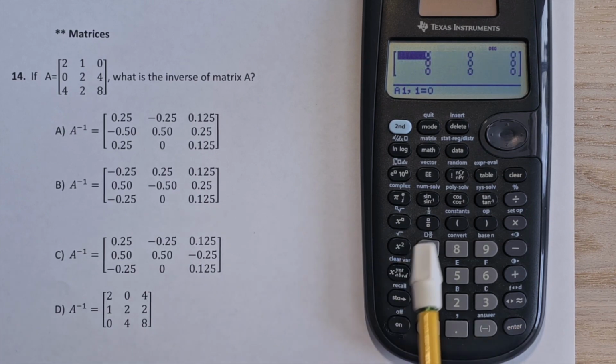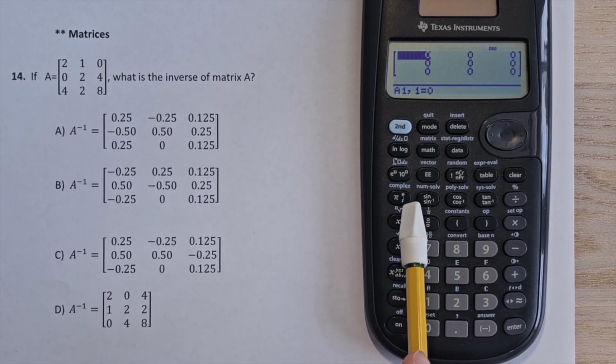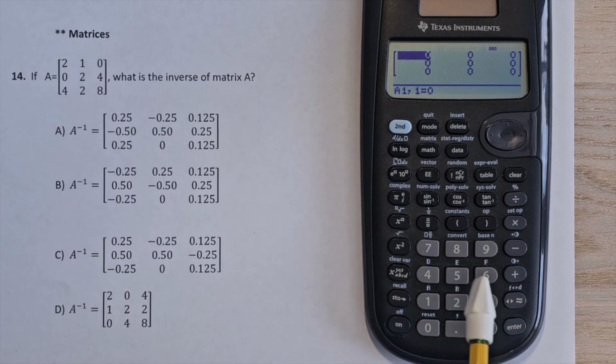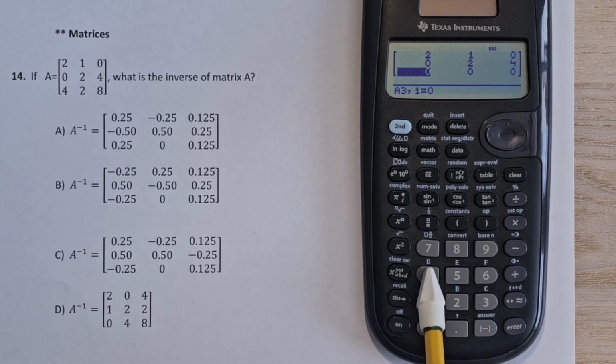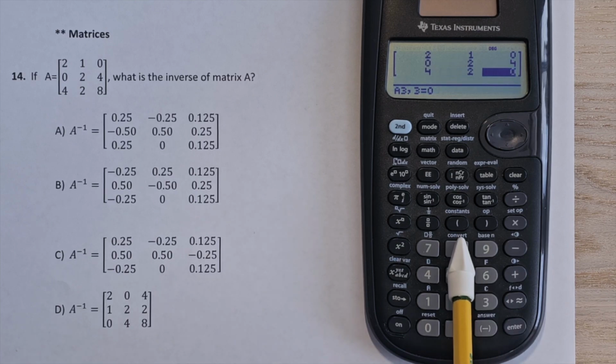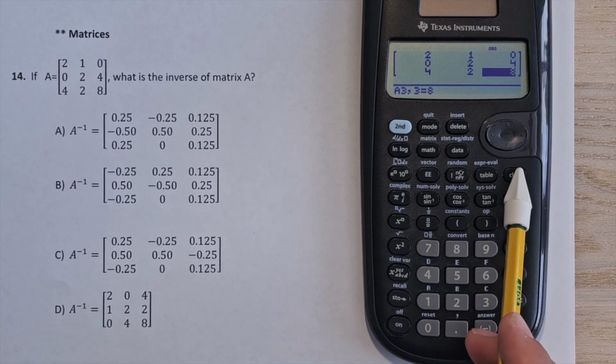Okay, and I am going to put the values here: 2, 1, 0, 0, 2, 4, 2, 8. So I'm going to press clear.